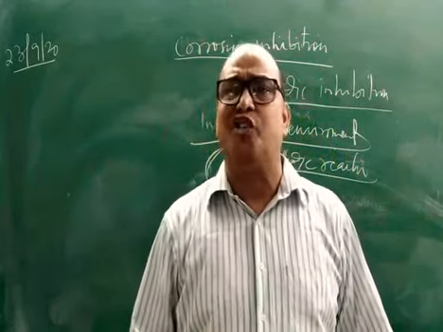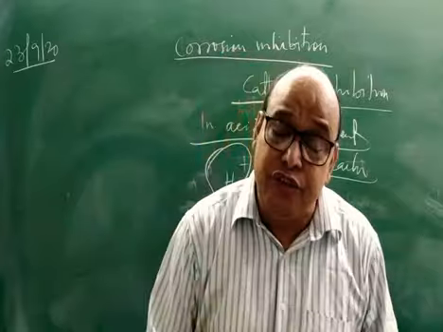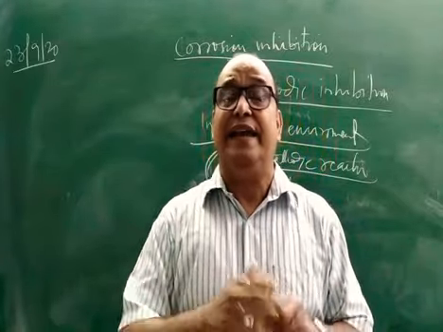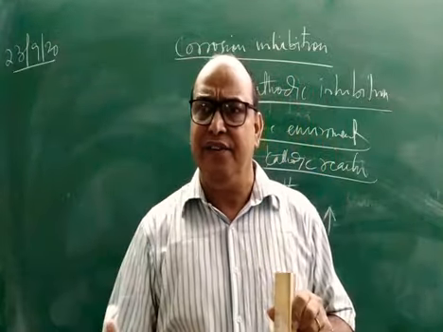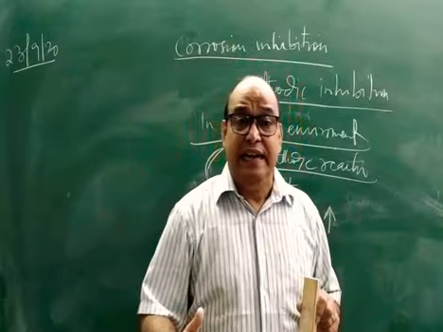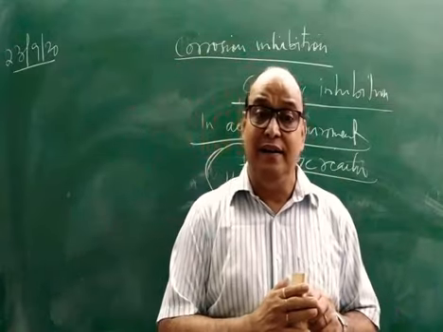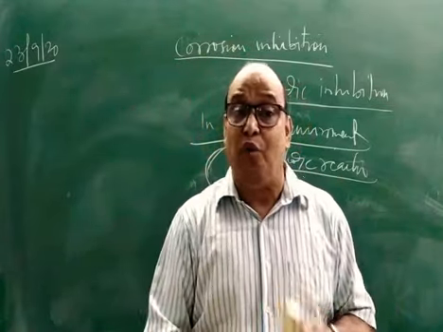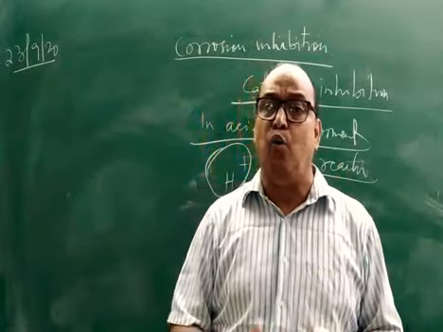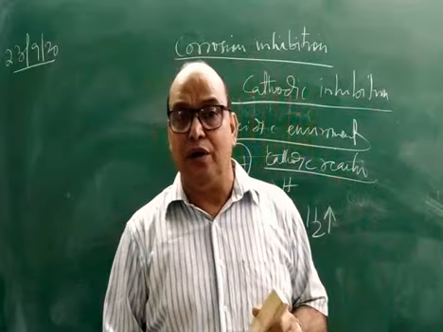Arsenic and antimony oxide can also be used as inhibitors for the second situation, as they can form an adherent layer of antimony and arsenic at the cathodic area, as a result of which the overvoltage gets increased. These are two different ways we can control corrosion.